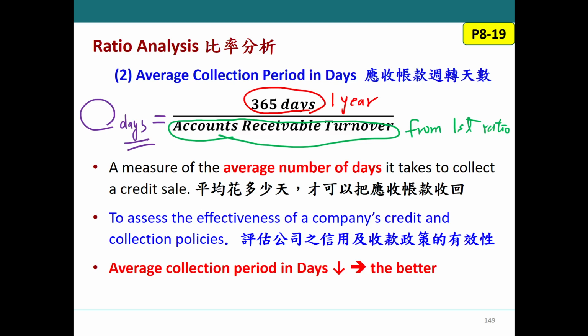For this ratio, is lower better or higher better? Lower, right? Because you spend fewer days to get the same amount of money back. So lower is better, which means you have a better ability to receive cash from your customers.